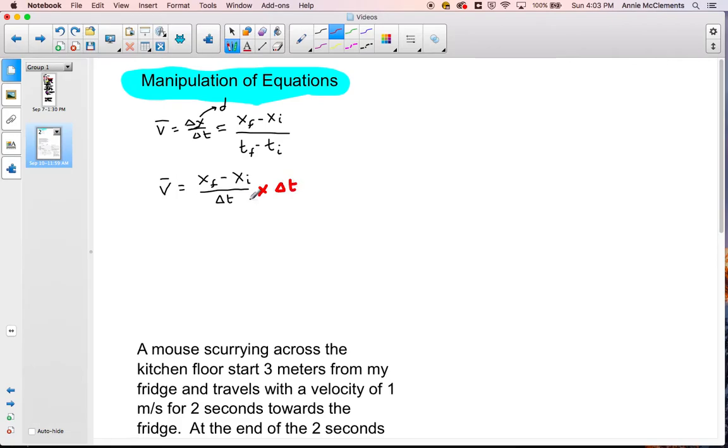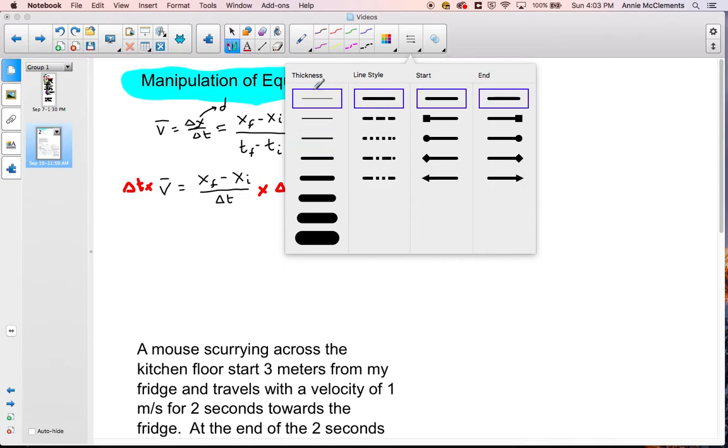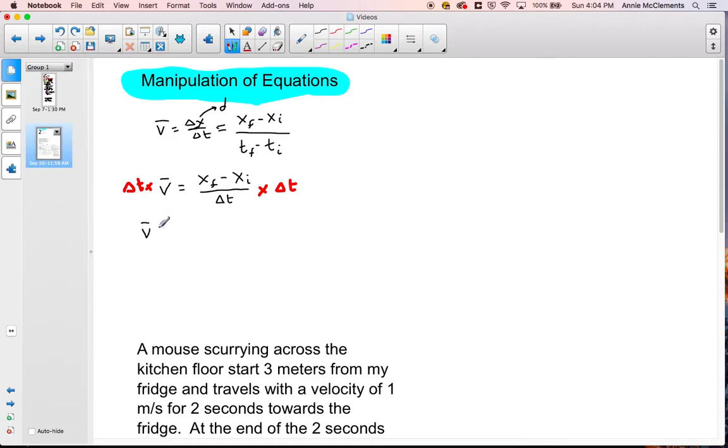Say I multiply by delta t, change in time, I then have average velocity times change in time equals final position minus initial position. Right, so I can solve for either my final position or my initial position from this point, depending on what I need to find out.